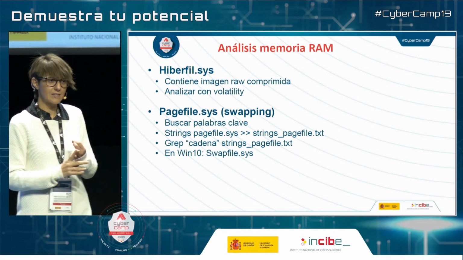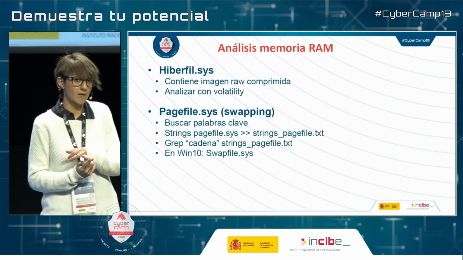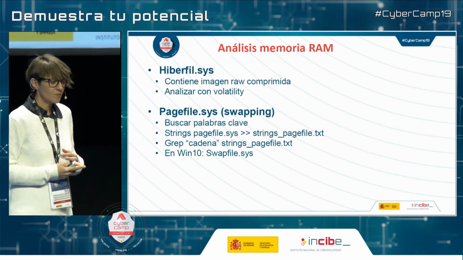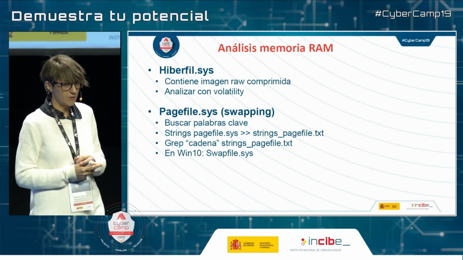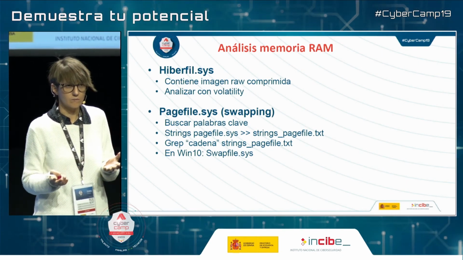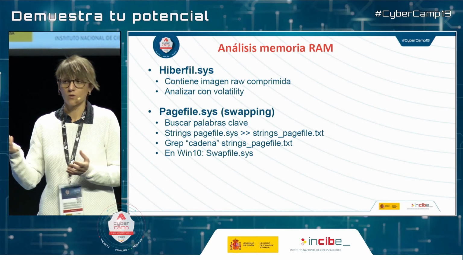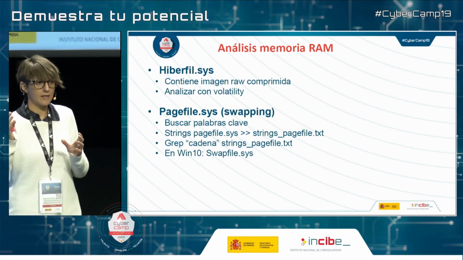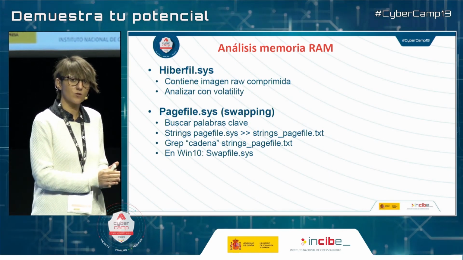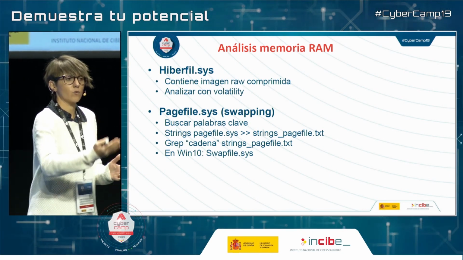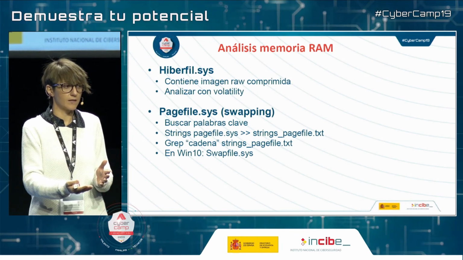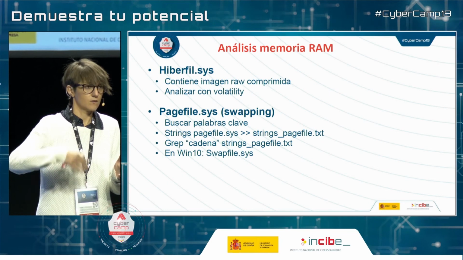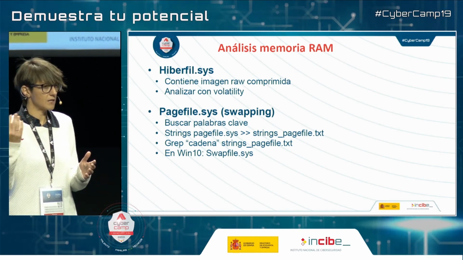Sorry, a little aside. Related to RAM, we have two files which are in the drive, but which also relate to RAM. It's hiberfil and pagefile. And hiberfil has the RAM, so when we put the computer to sleep, all the contents of the RAM are saved to the drive, so that when we start the computer again, if you've ever done it, then you've got everything, right?